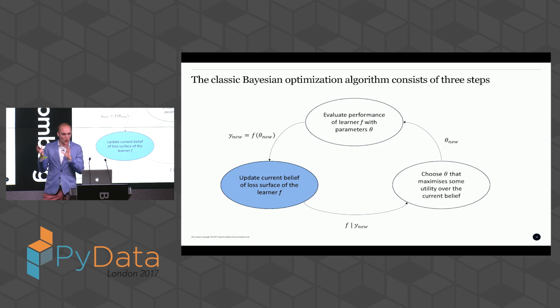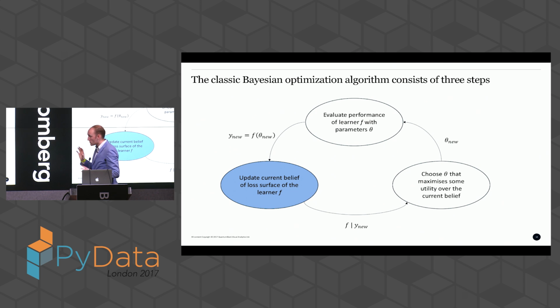So we use the Gaussian process as a prior for performance functions. We have some kind of likelihood model, usually a normal likelihood over the values of your performance function, and then you can use Bayes' rule to iteratively update your posterior distribution.